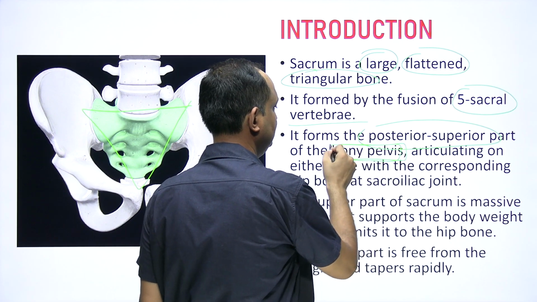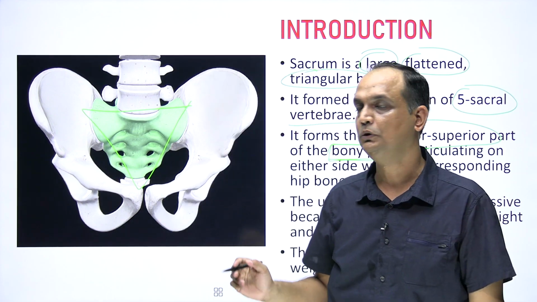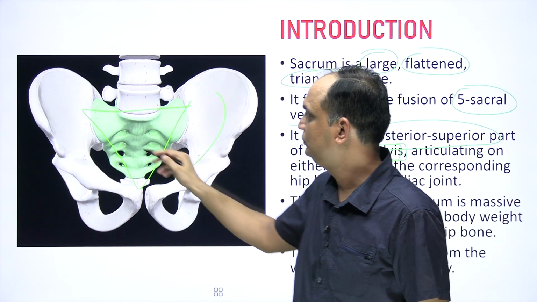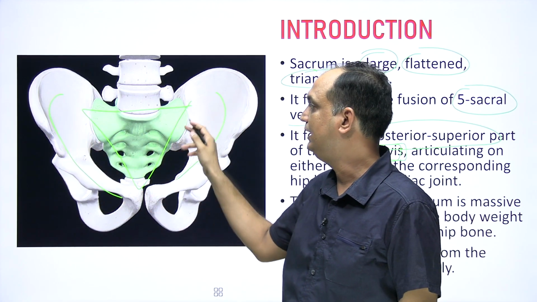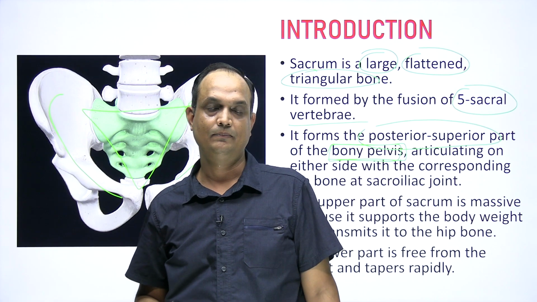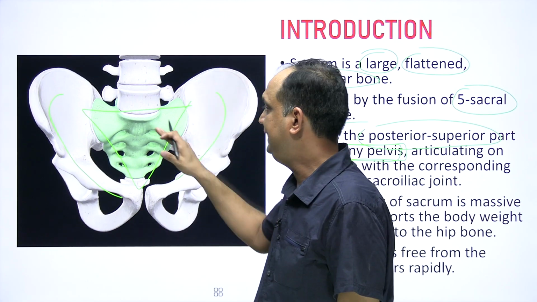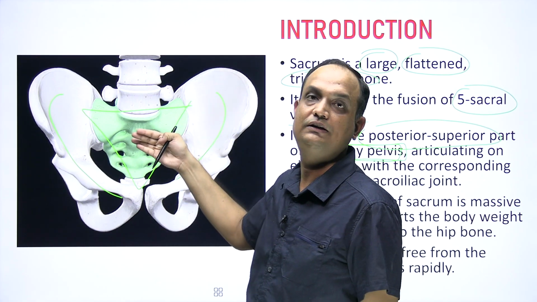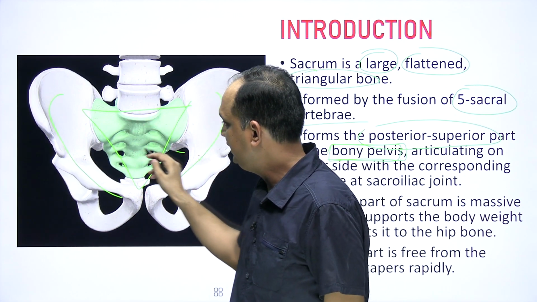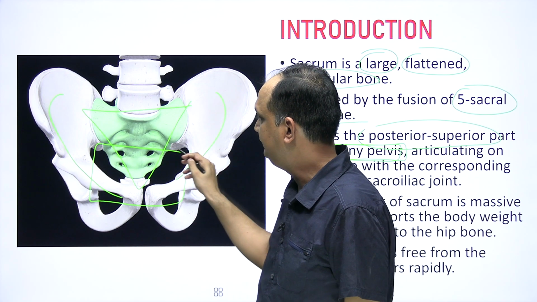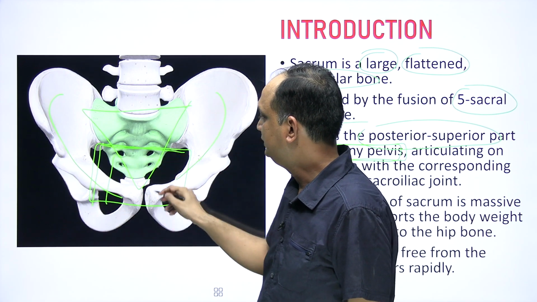Now you know that the pelvis consists of 3 bones. These are the 2 side by side hip bones, and posteriorly you have the triangular sacrum. When you see the placement, it is not only on the posterior side but in the upper part of the pelvis. Posteriorly, in the lower part of the pelvis, you don't have bone.